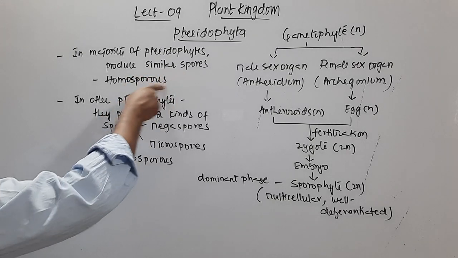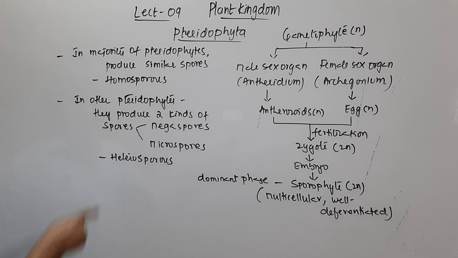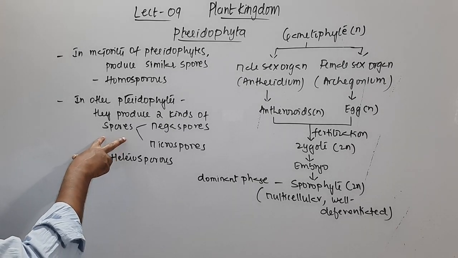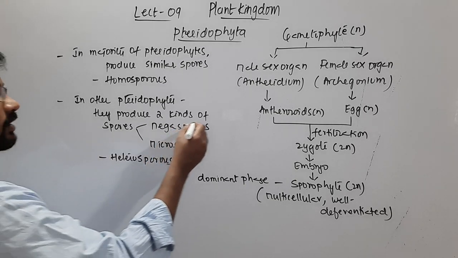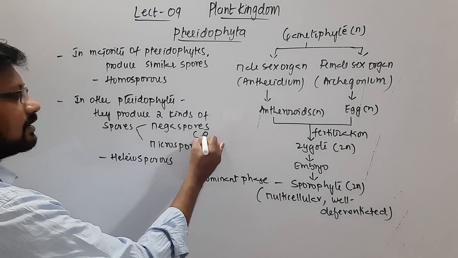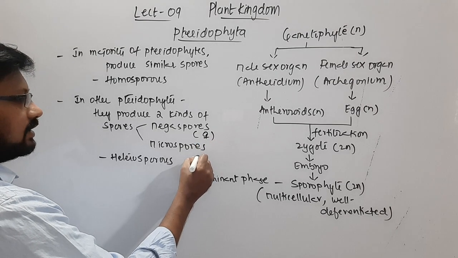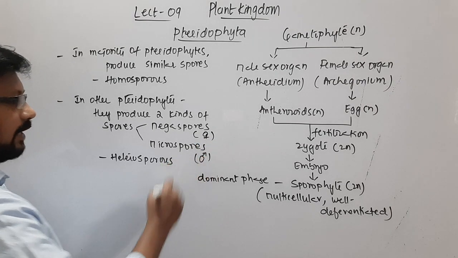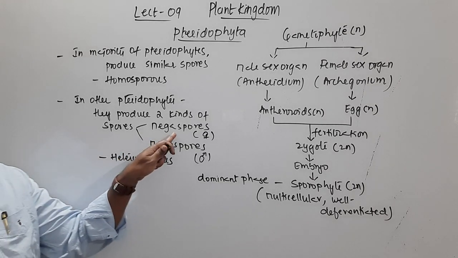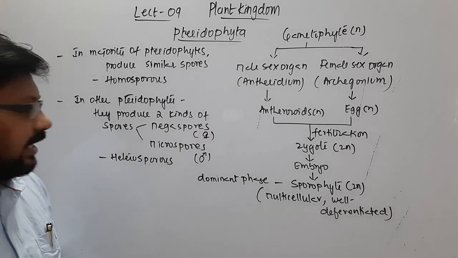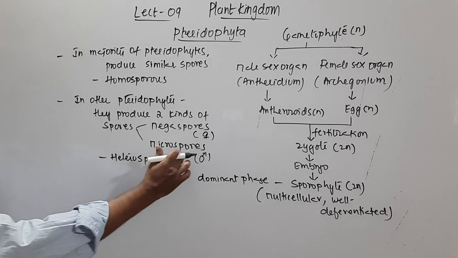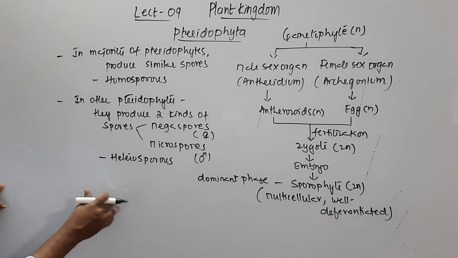Now in the other group of pteridophytes, they produce two types of spores, one megaspore and one microspore. The megaspores will act as the female, whereas the microspores will be the male. On germination, the megaspores will give rise to the female gametophyte, whereas the microspores will give rise to the male gametophyte.